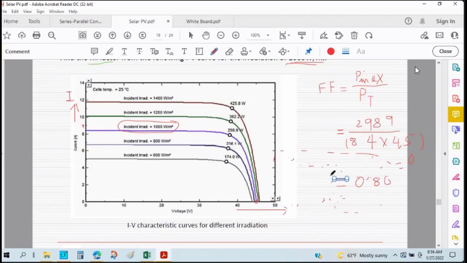Sir, this is what we calculated, the voltage for open circuit, and 8.3. That's why, sir, we get 0.80. Okay, if you consider 8.3, the value will be different. In that case, I have considered 8.4.